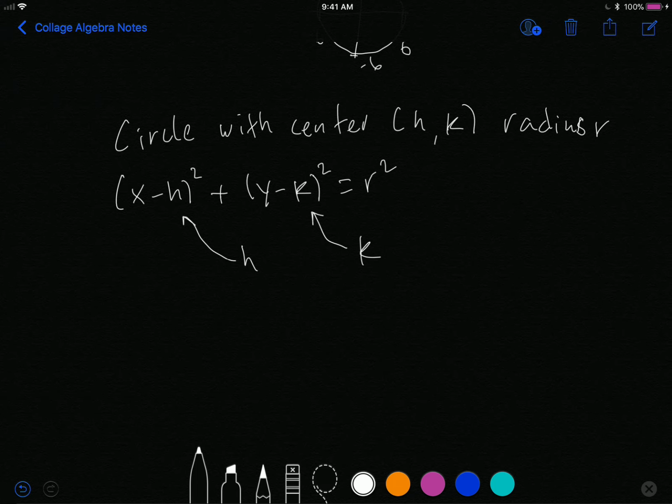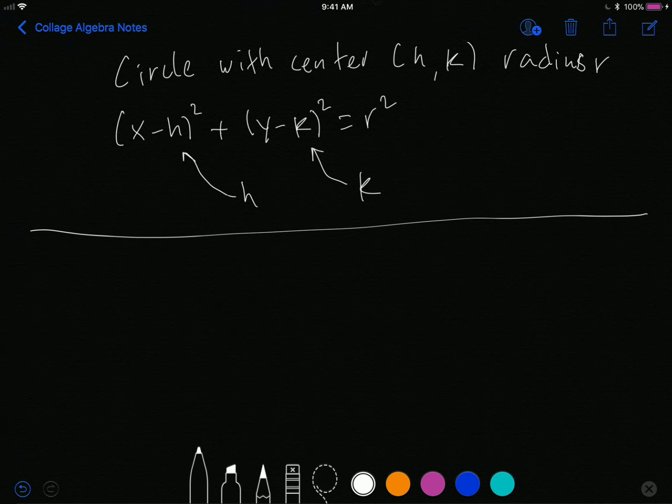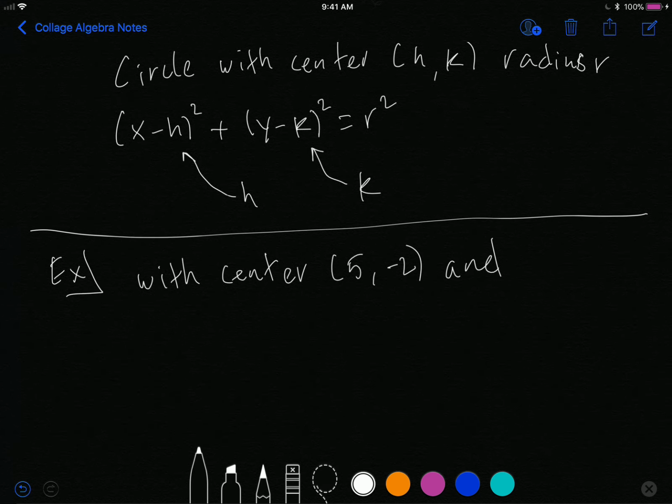So, for example, if I want to find the equation of a circle, give the equation of a circle with center 5, -2 and radius 12.